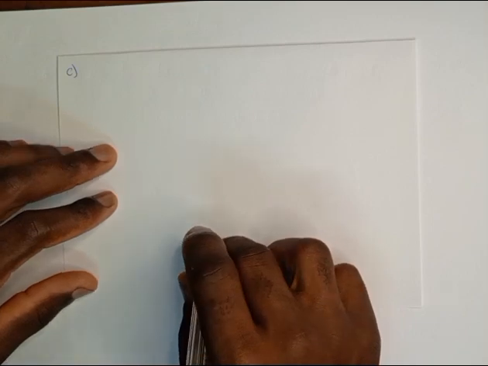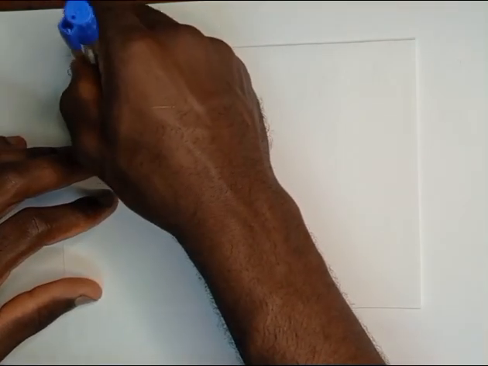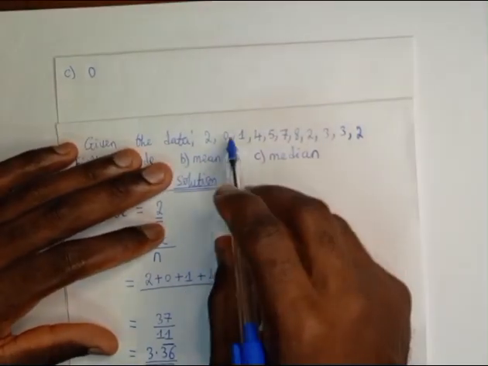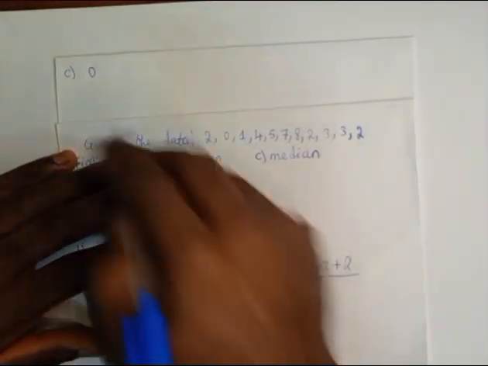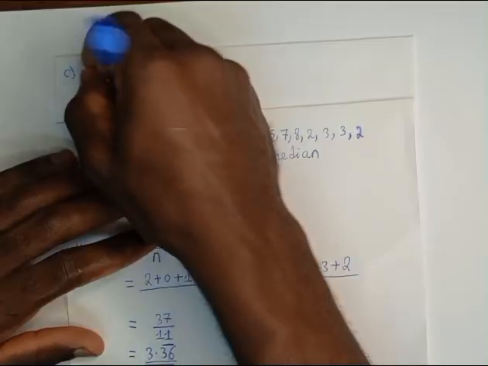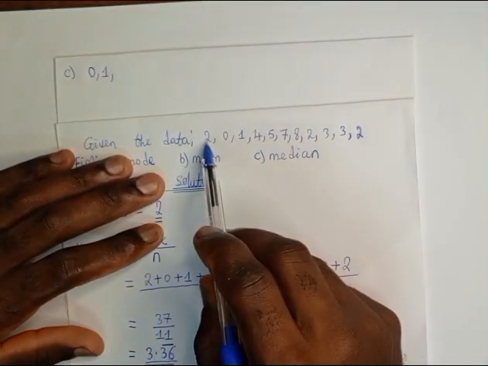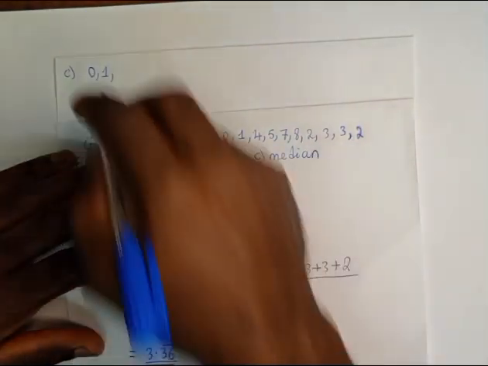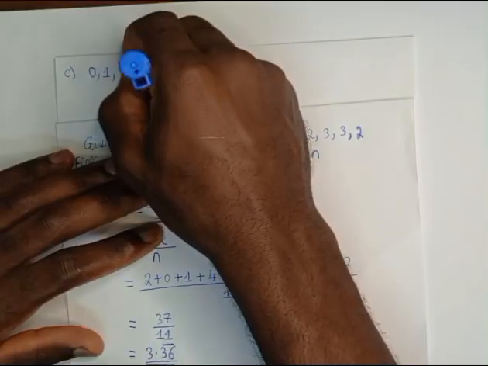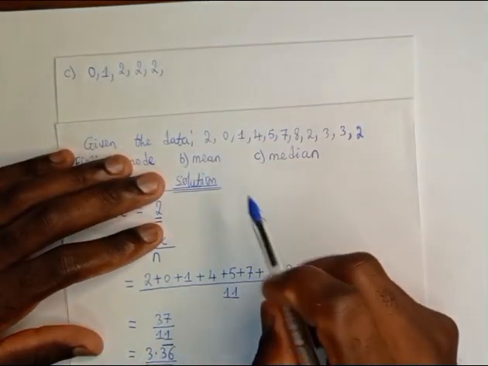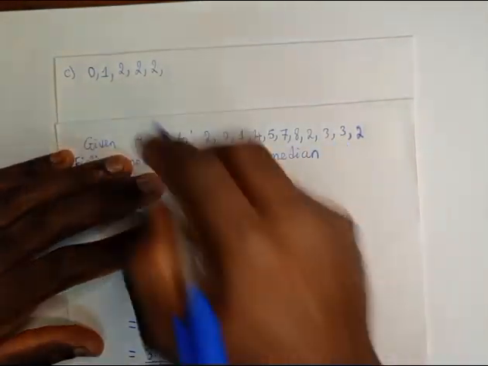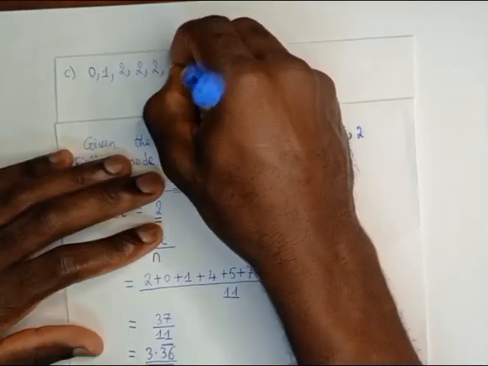Looking at the numbers, 0 is the smallest. After 0, we go to 1. After 1, next is 2, which occurs 3 times. Write down 2 3 times. After 2, we go to 3, which occurs twice, 3, 3.